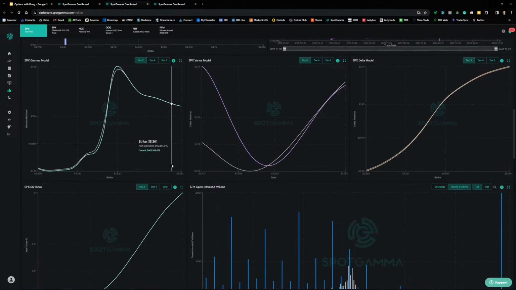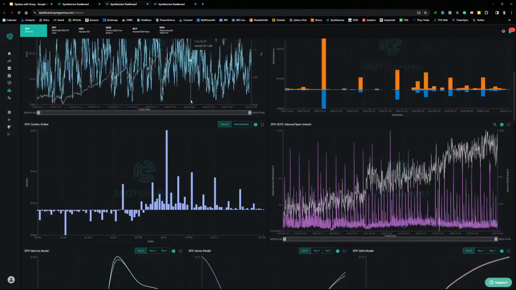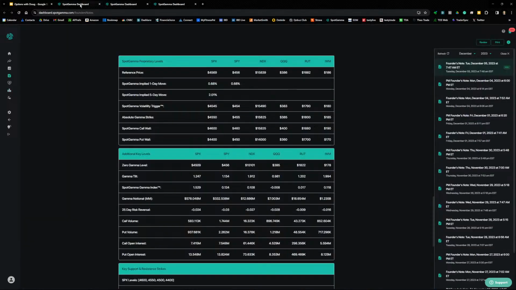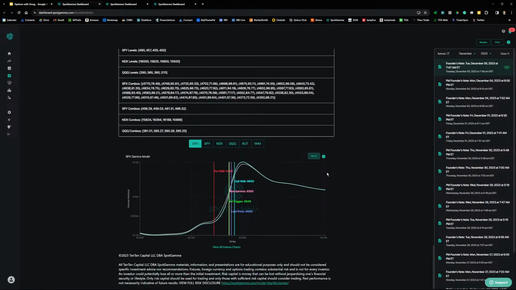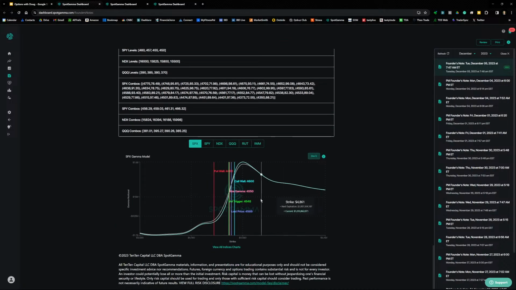Then let's go to the gamma curve. Actually, we may be able to find a better one. This one, it's actually not showing the zero gamma level. The zero gamma level is at 4509. So that's where gamma actually shifts. It's right here, where gamma shifts from negative to positive.